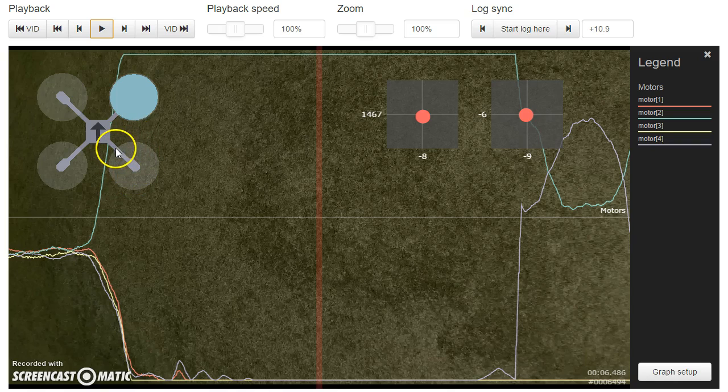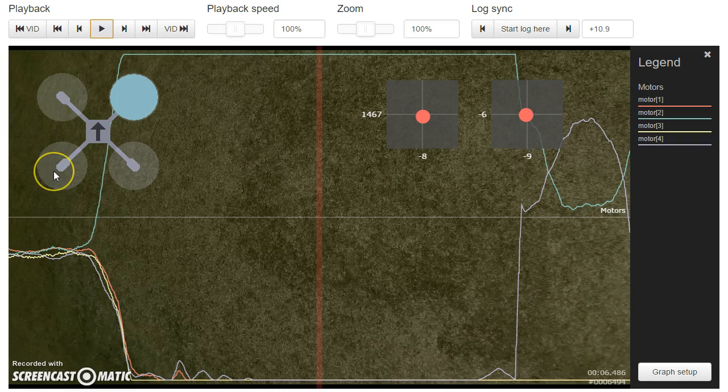So how can the flight controller make you roll left and pitch forward even faster? The answer is it can spin down these two motors. It can't spin this one up any faster, but it can spin these two down. And that will make you pitch forward faster. And if it spins these two motors down, that'll make you roll left faster.